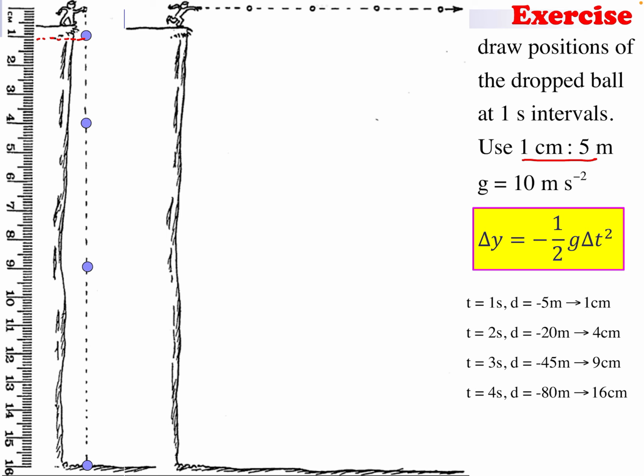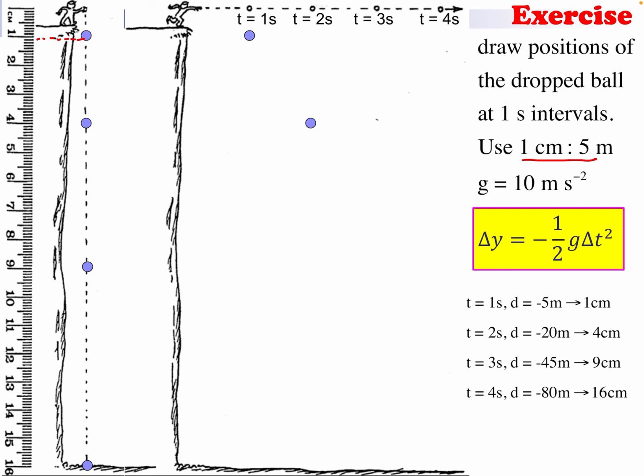Now, let's combine that with the horizontal motion that we've seen. So what if at every position, at every point in the horizontal motion, we turn on gravity? So say this is after 1 second, 2 seconds, 3 seconds, 4 seconds. So 1 second after the ball left the person's hand, the position of the ball horizontally is here. But then also if we turn on gravity, the ball would have fallen down to this position.